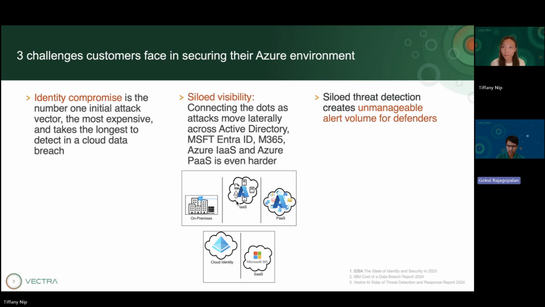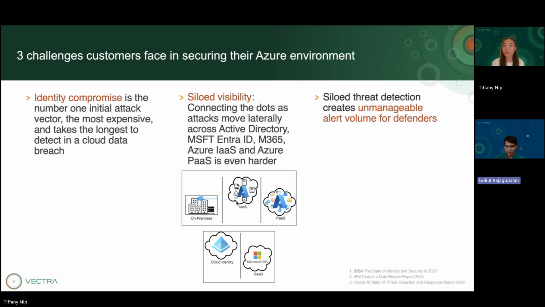when I speak to customers and organizations with this kind of hybrid cloud footprint, in many cases, organizationally, the SOC does not even have the right level of visibility and access into the entire cloud footprint.